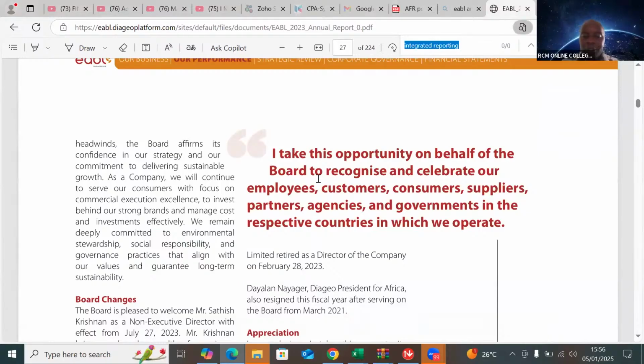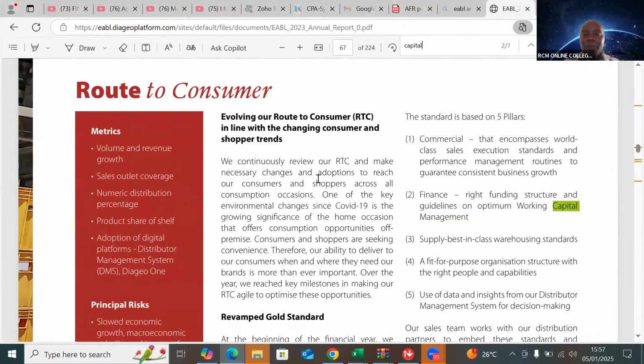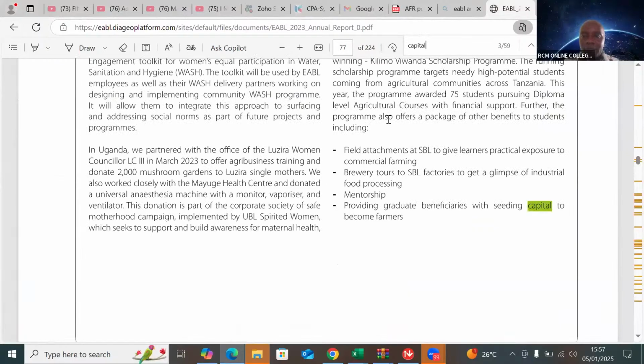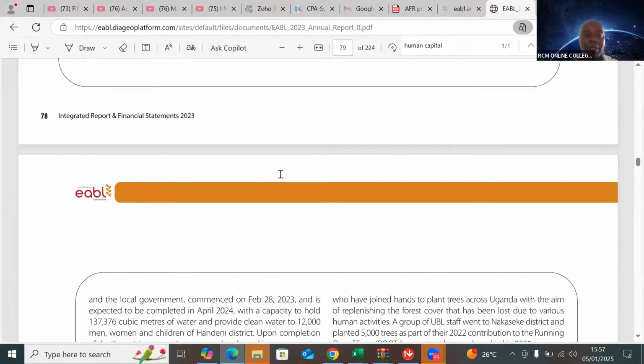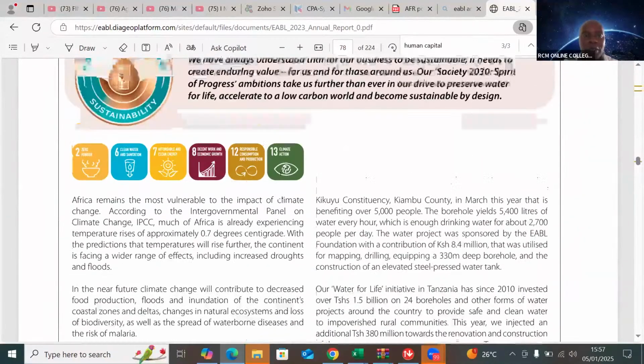So we have here the capitals. You realize in between here, they have spoken about capitals a lot. They will talk about their capital, very, very important.